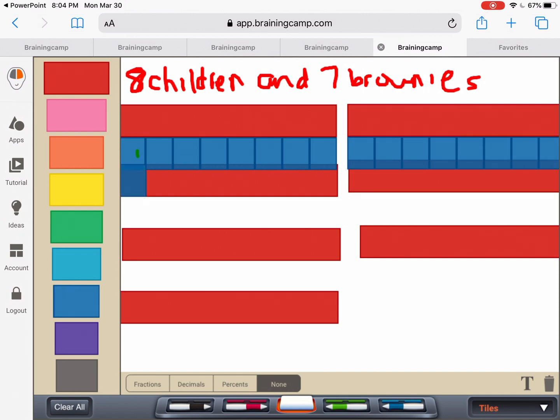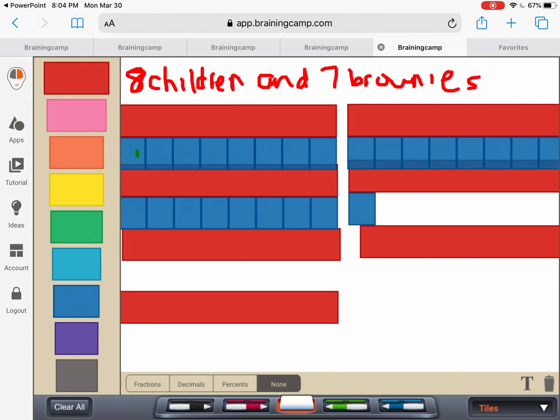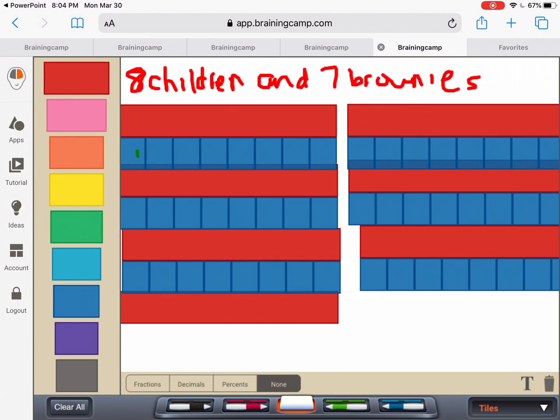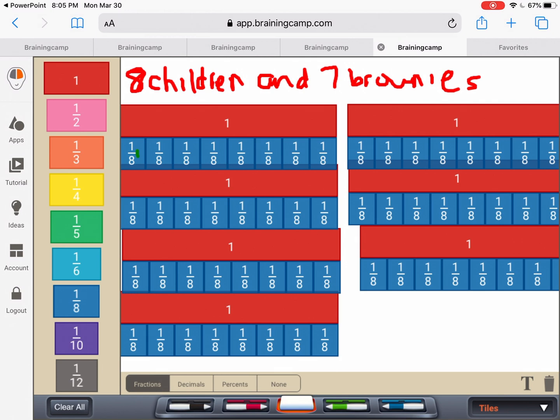And I would do the same thing right here, and over here, and then right here, and then over here, and then right here. And so when you divide something into 8 equal pieces, what is each one of those pieces? Did you say 1/8? Ah, so that is 1/8.